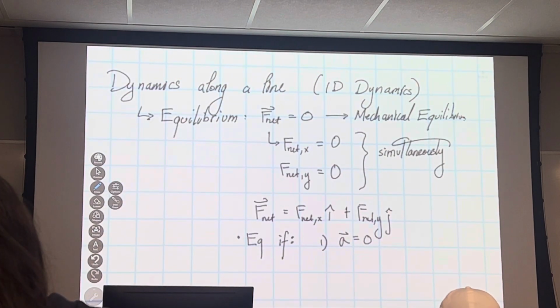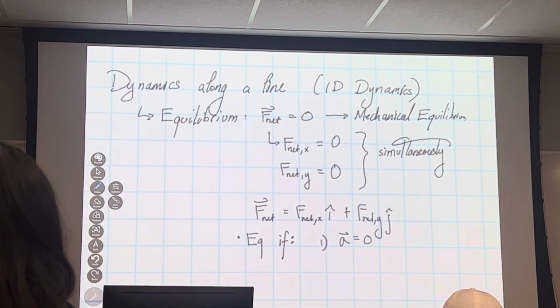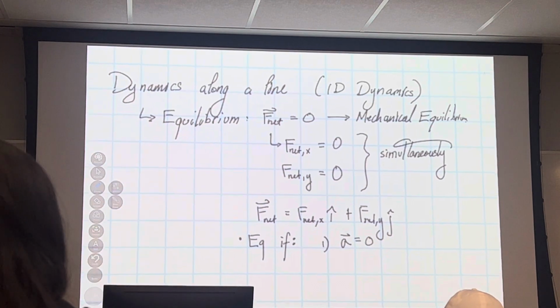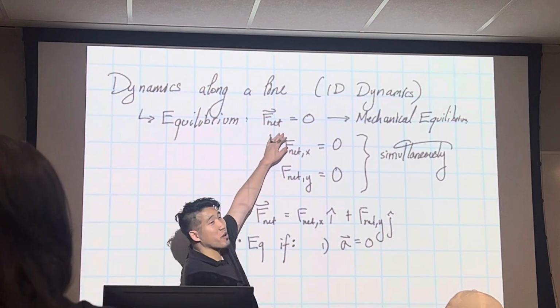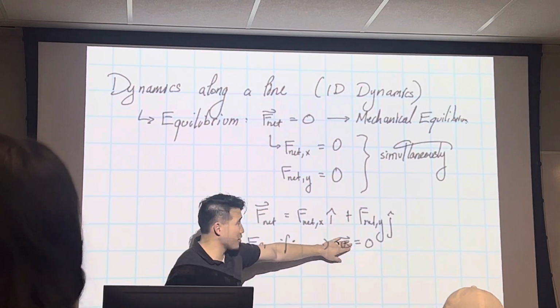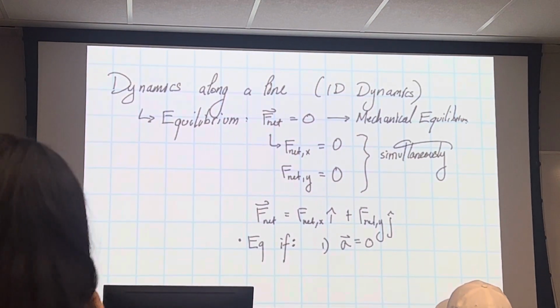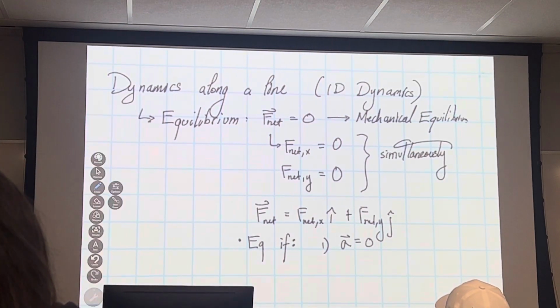What was Newton's second law? F net is equal to mass times acceleration. So if the net force is equal to 0, what is acceleration? Also equal to 0. So if the problem statement says there is no acceleration, it's in equilibrium.